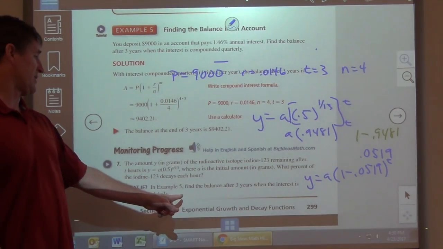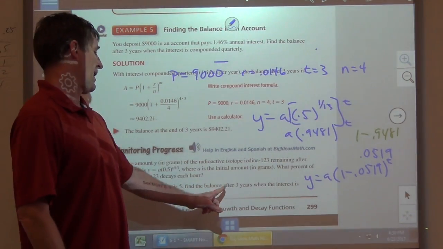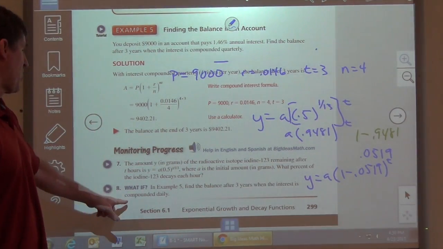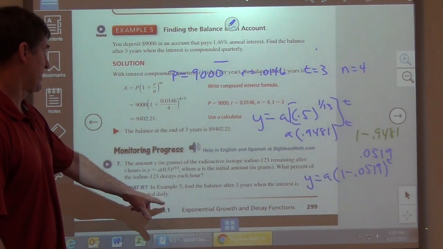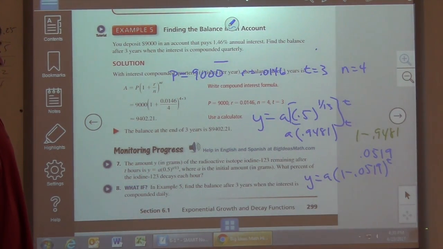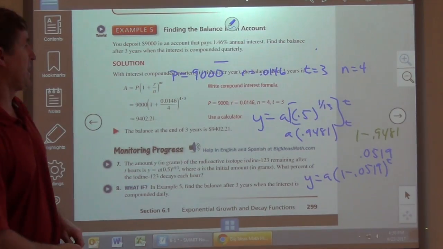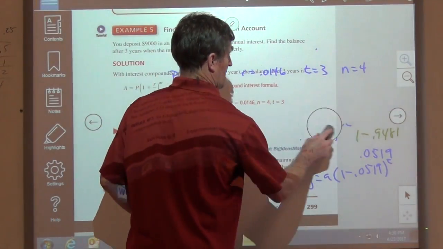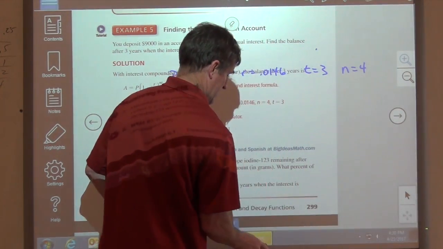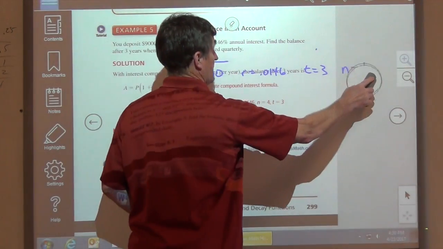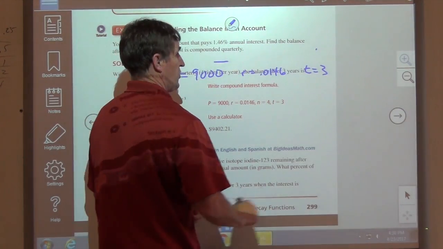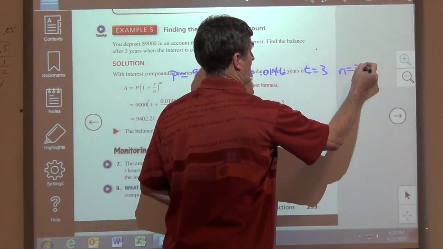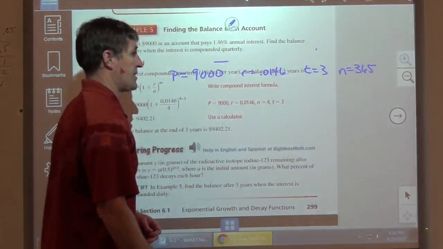The last one here, it says, what if in example 5, the balance after 3 years of interest was compounded daily? Okay, so now they want us to go back up to this one. Instead of doing it quarterly, we're going to do it daily. And there are 365 days in the year.